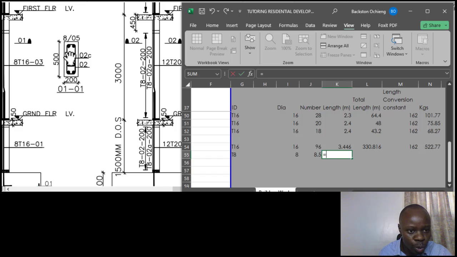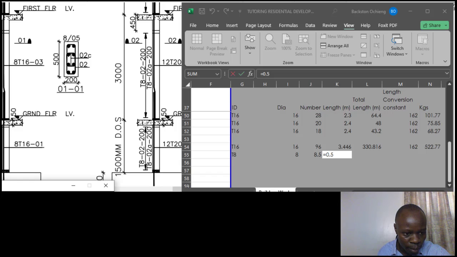Now the length is going to be, for the longer side, whichever way you wish to refer to it, 500, so that is 0.5, and then we subtract the cover. So cover is 0.04 times 2, that is 40 in meters.